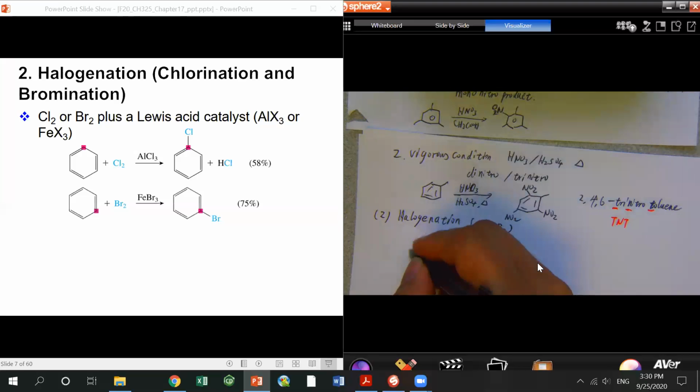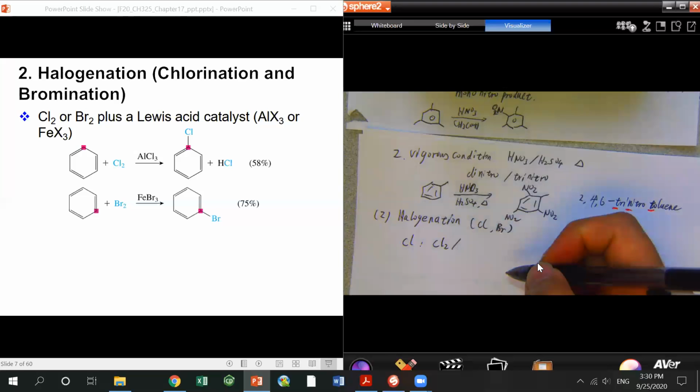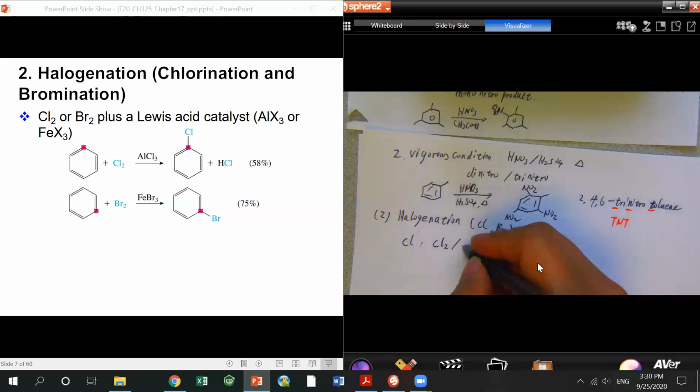If you want to do the chlorination, so put chloride on, you need to use chlorine with some Lewis acid catalyst. Lewis acid catalyst. The most common Lewis acid catalyst for the chlorination is iron chloride, FeCl3.